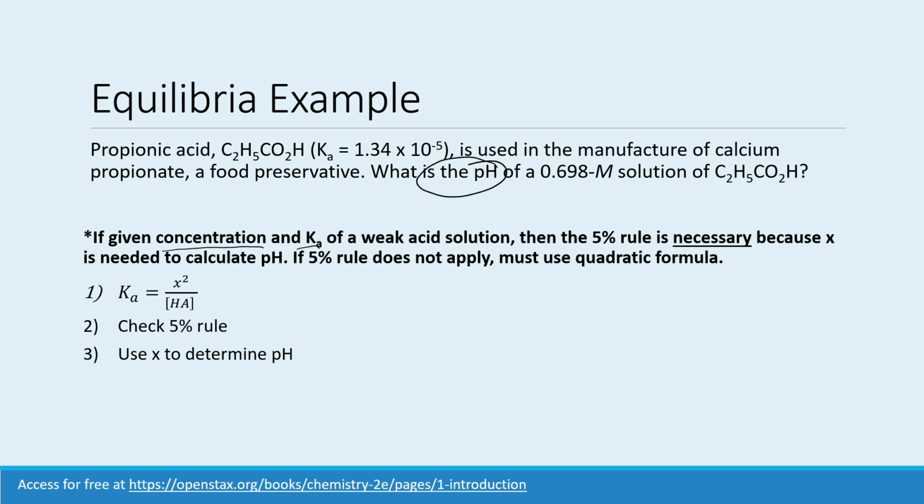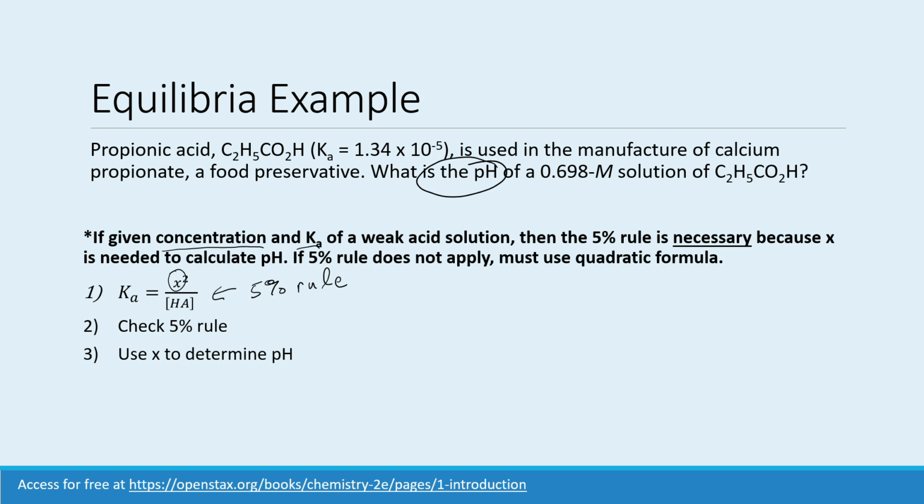So what we did here, to summarize, is we took that Ka expression and we know that it's equal to X squared divided by the original concentration of the weak acid. Again, this only works if we assume the 5% rule. The whole purpose of using this expression is to calculate the value of X using all the other values that are given.